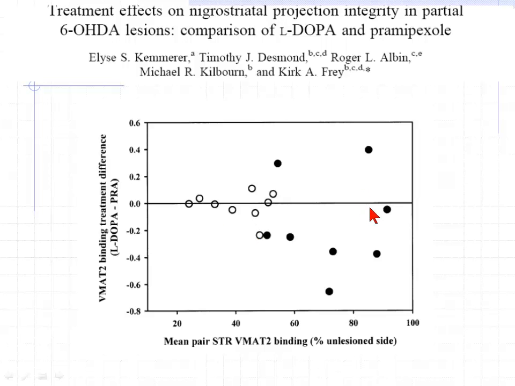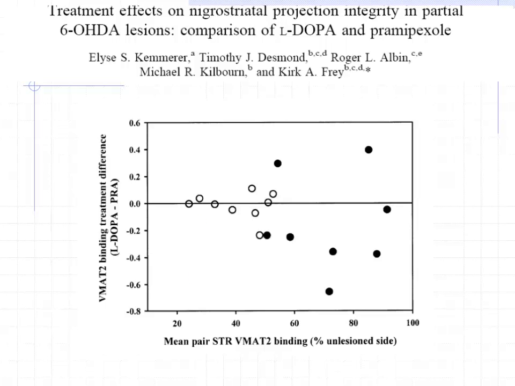and now what we're showing here is the VMAT asymmetry, or the VMAT difference, between animals that were treated one way versus the other. And what you can see is that there's no significant loss of VMAT binding sites from animals that were differentially treated.